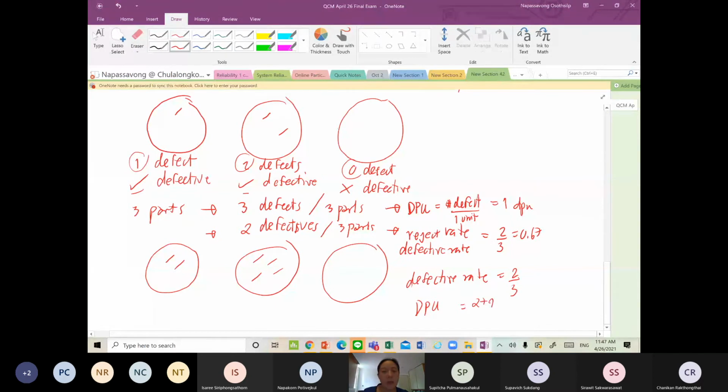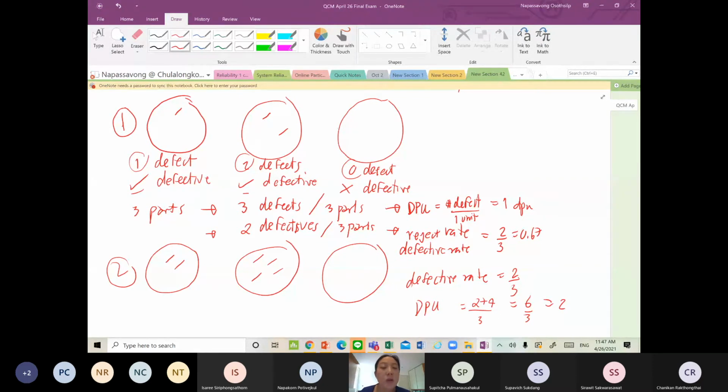And then, in the second situation, you have on average 2 defects over 1 unit. So your DPU will be 2. But in the first case, you have lower defect rate, which is 1 DPU.